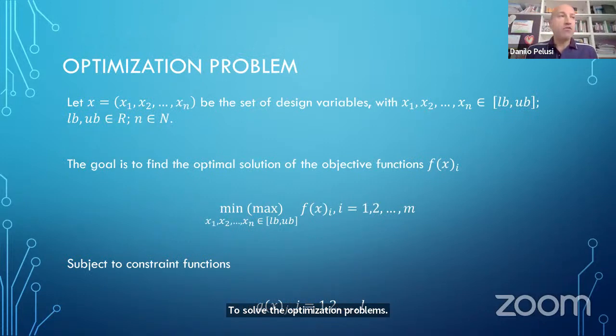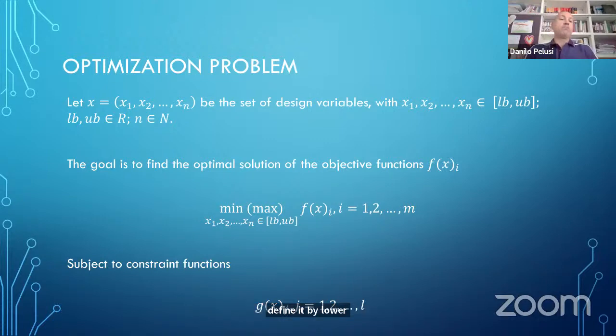This slide shows the definition of an optimization problem. In particular, x is a variable which lies in an interval defined by a lower bound and an upper bound.